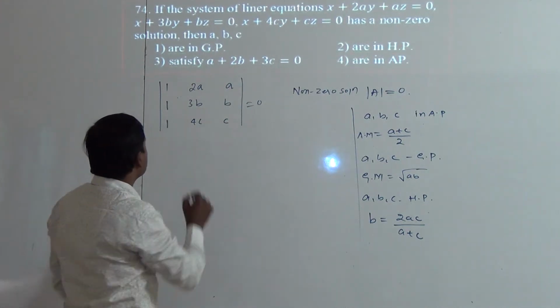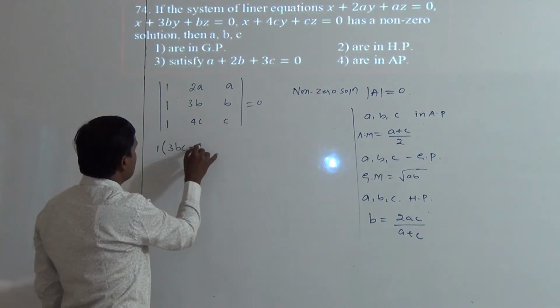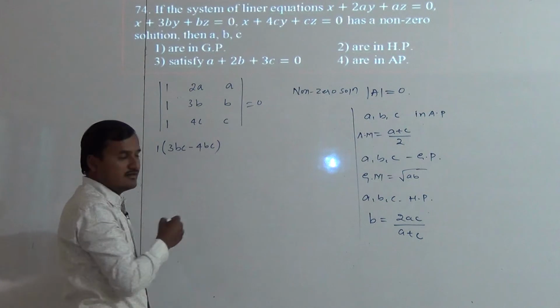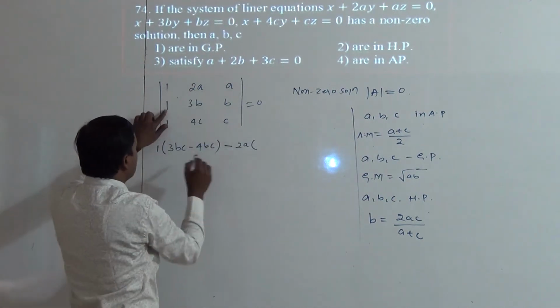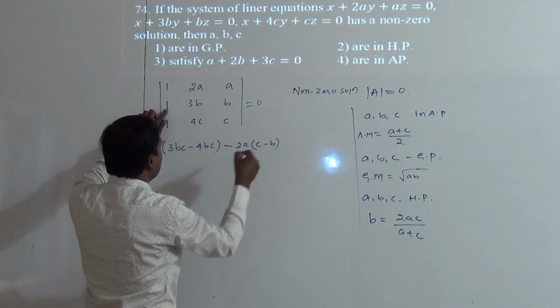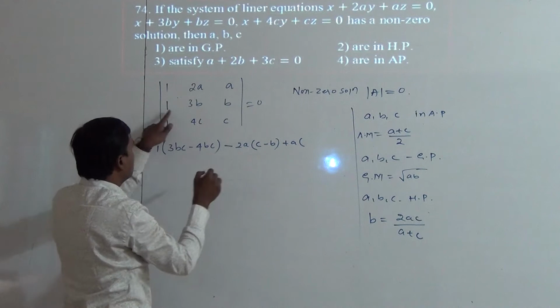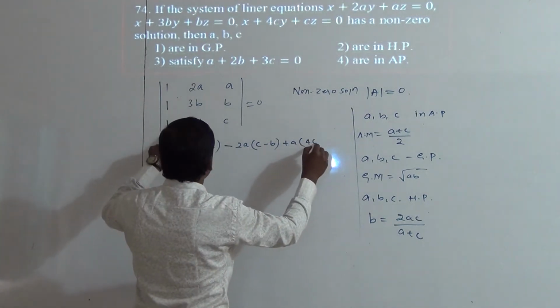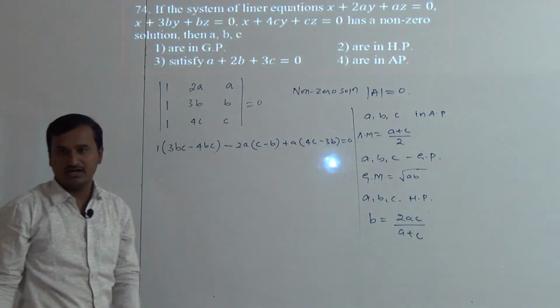Now expand this one. Here it is 1 into (3bc minus 4bc), minus 2a into, leaving the first row and second column, (c minus b), and plus a into, leaving the first row and third column, (4c minus 3b). This is equal to 0.